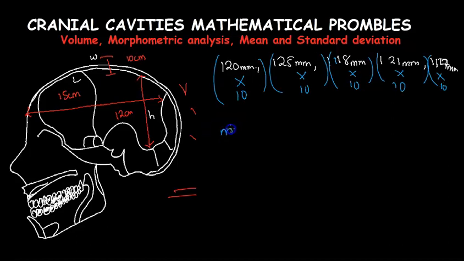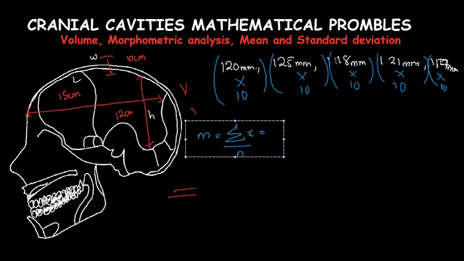So our mean here is simply going to be what? Summation of x divided by n. And this is simply going to be, we need to multiply 120, right? Okay, let's put it down before doing the mathematical operations. So we can set 120 multiplied by 10.